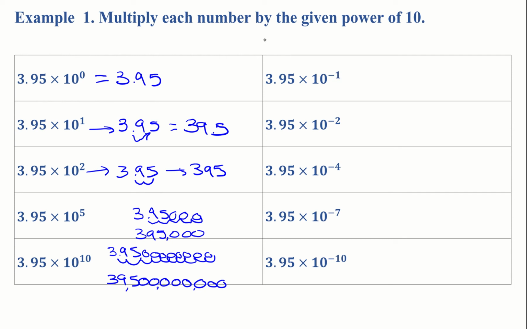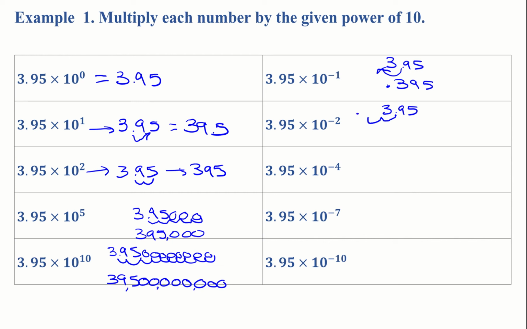Okay, so multiplying by powers of 10 that have negative exponents moves in the opposite direction. So you start with 3.95, move the decimal point 1 to the left, you end up with what? 0.395. Multiply 3.95 by 10 to the negative 2. That has the effect of taking the decimal point and moving it 1, 2 places to the left.